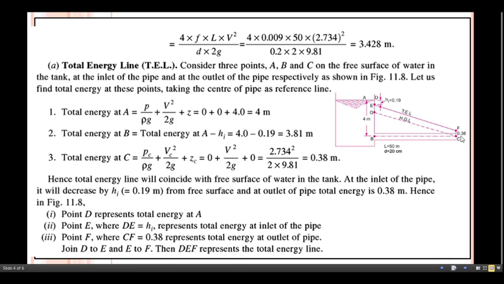Point F is here, where CF equals 0.38 represents the total energy at outlet of pipe. Join this D to E and E to F, then DEF represents the total energy line.